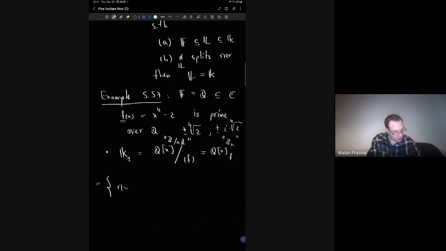It's all the r(x) = a_k x^k + ... + a_1 x + a_0, such that a_i is in Q and k is strictly smaller than the degree of f, which is 4.